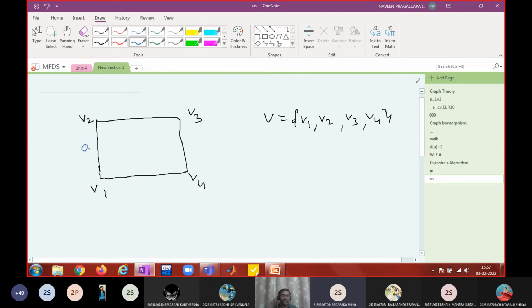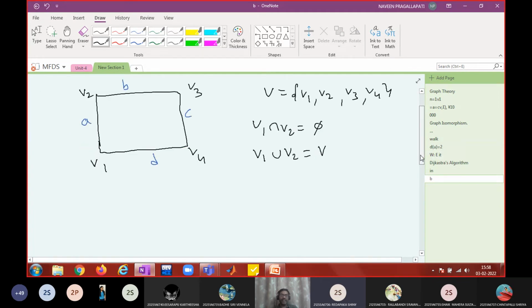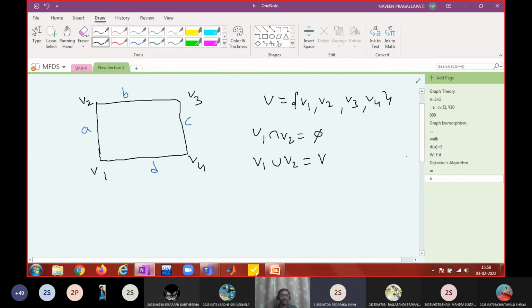Let us say A, B, C, D. Now you partition this vertex set into two sets. What do you mean by partition? Partition means the intersection of the two sets must be empty, and their union must be the whole set. Such sets are considered partition sets.